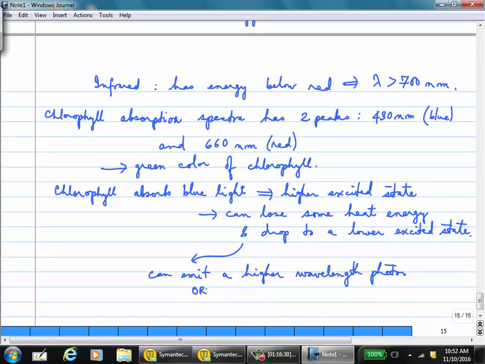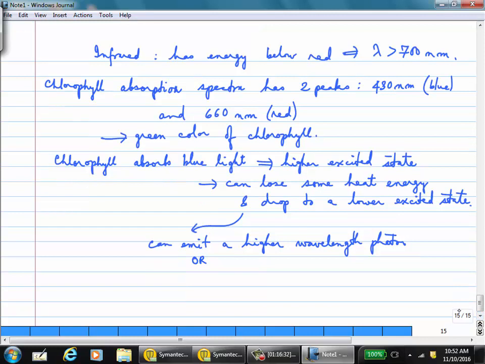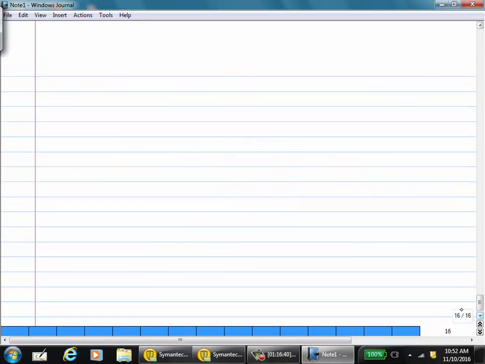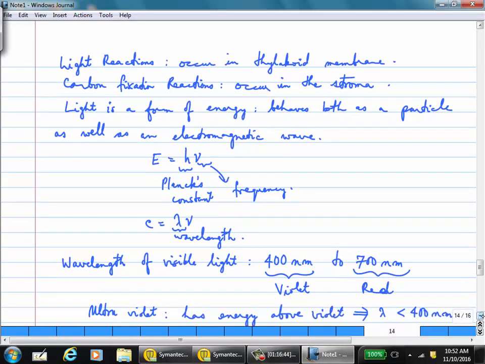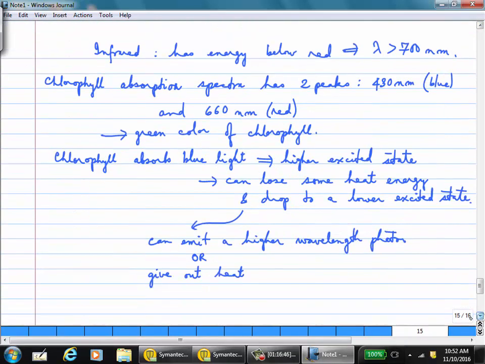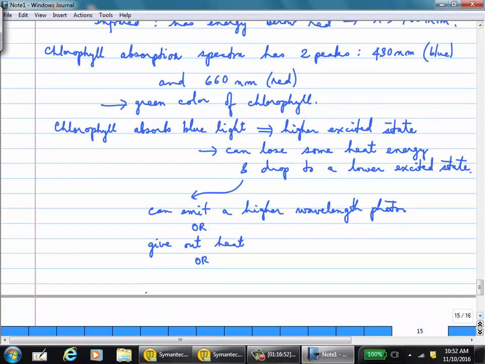Or it could give out heat. All the energy is lost and it returns to the ground state, which means nothing has been achieved. Or the third one is that it could pass its energy onto some energy carriers, or participate in energy transfer.